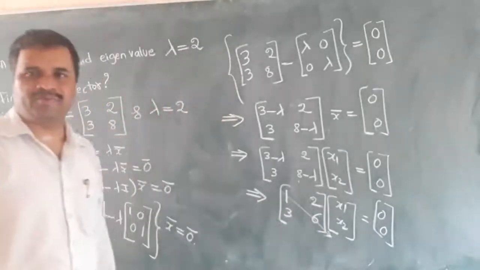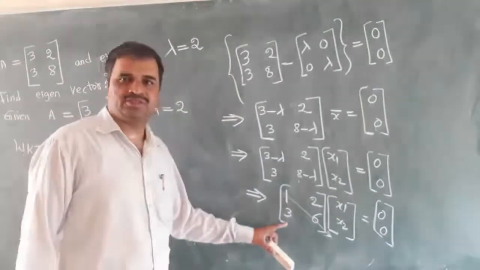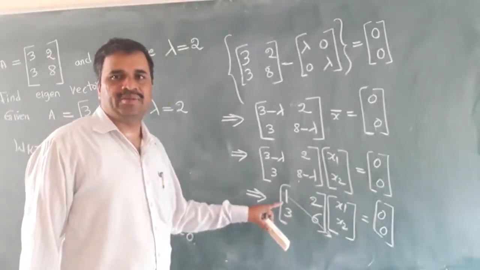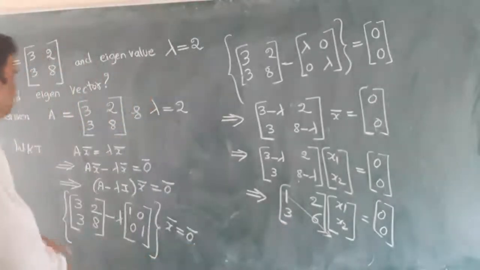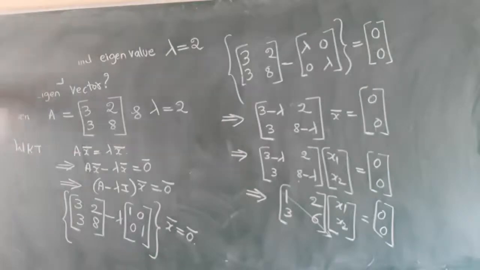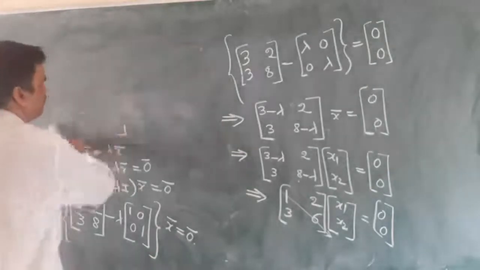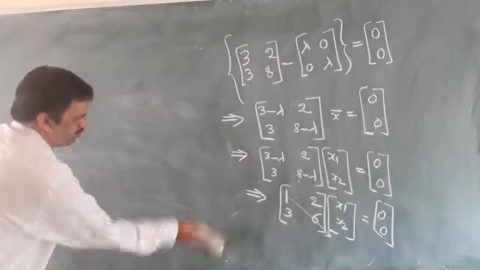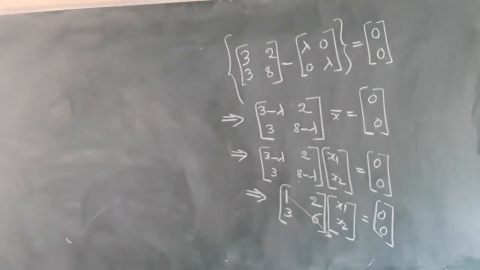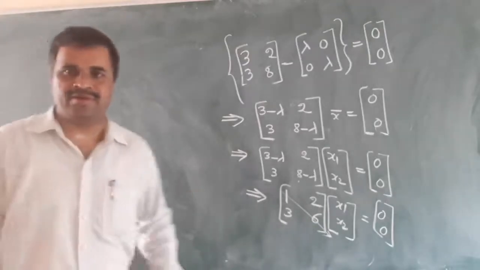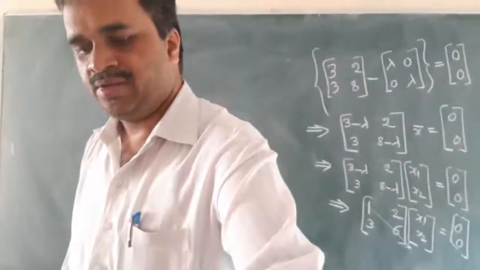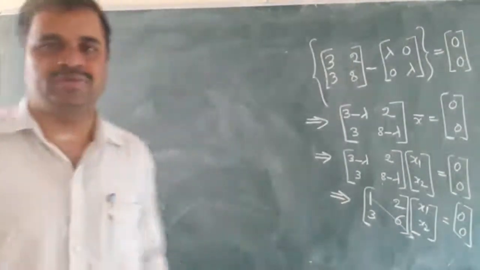I solve using the echelon form. I'll make this position 0, so R2 implies R2 minus 3 times R1. We have to find x1 and x2 values.